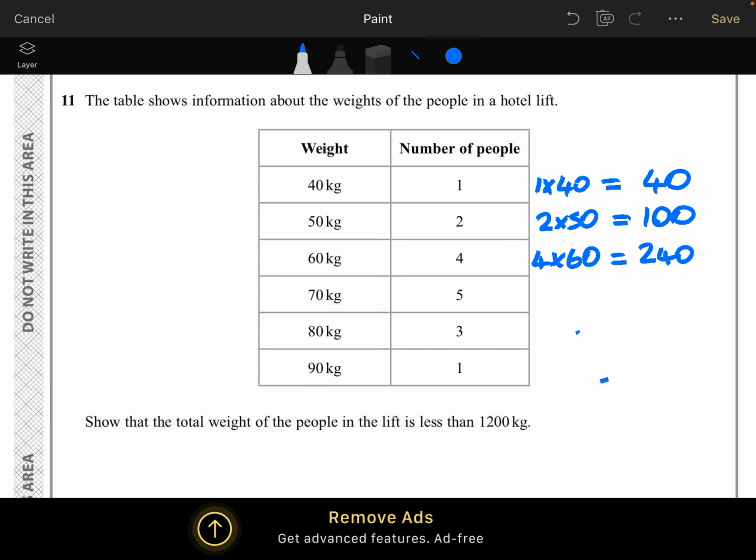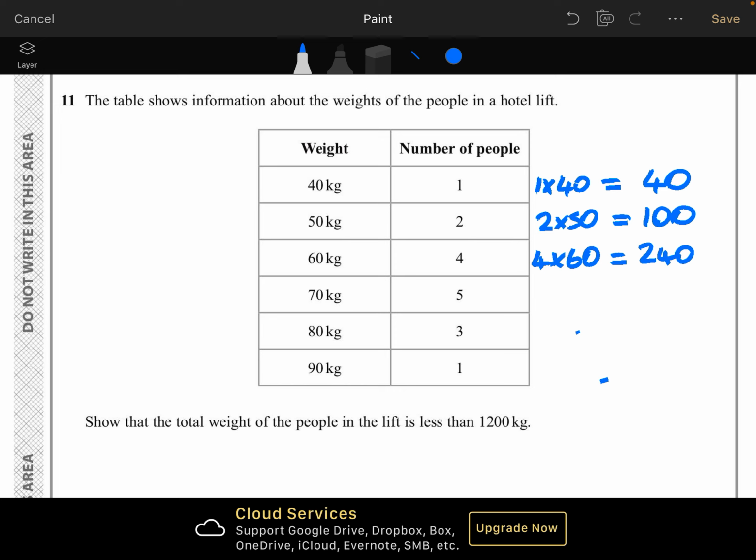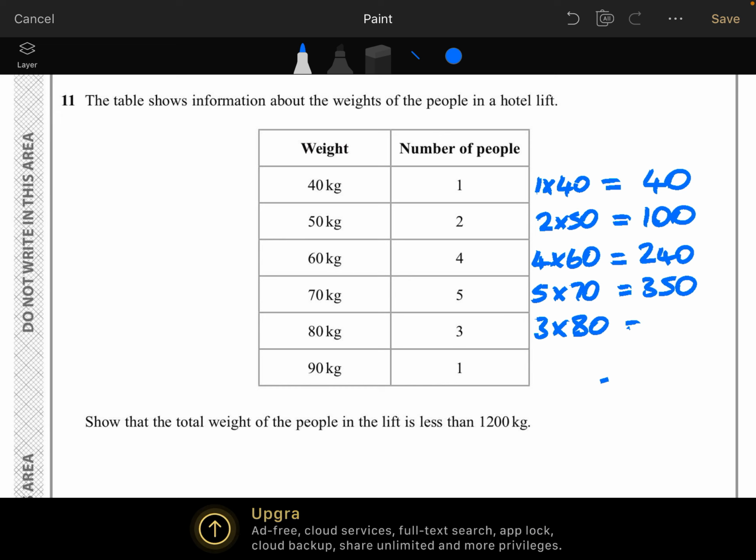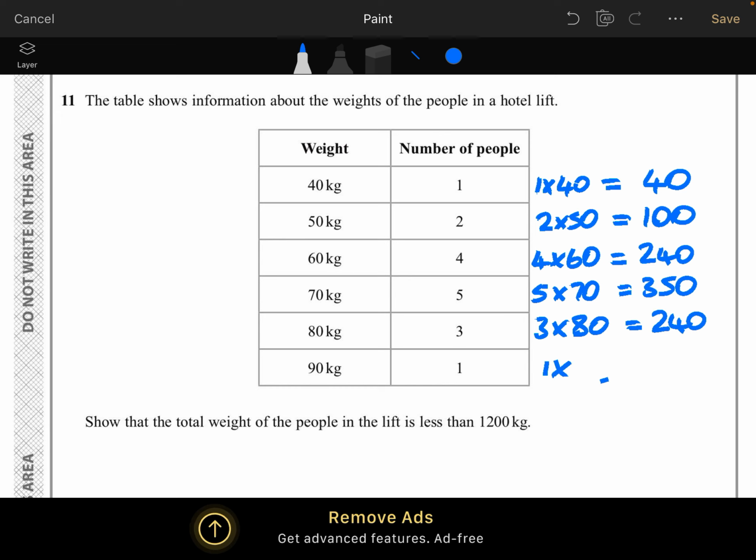We should be using our calculator to make sure we get these correct. 5 people weighed 70 kilograms, so 5 times 70 is 350 kilograms, and 3 people weighing 80 means that's 240 again, and finally 1 person weighed 90, and that is just 90.